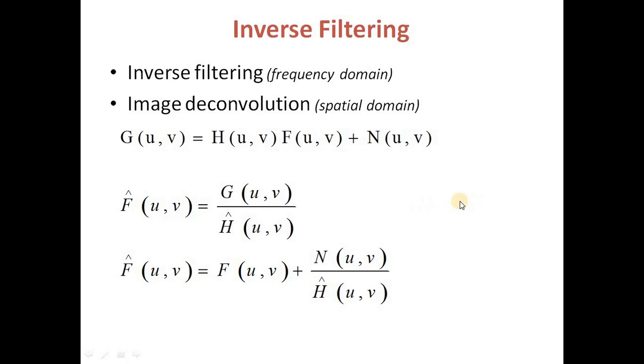So convolution maps to multiplication and deconvolution maps to division. So while we are performing inverse filtering in order to get the restored image, indirectly we are performing image deconvolution in the spatial domain.